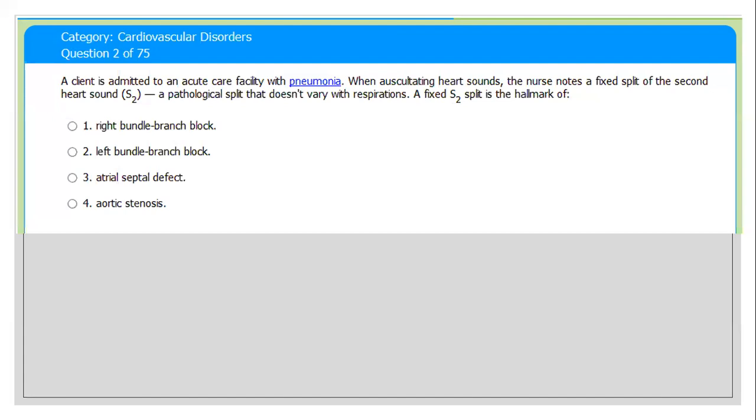S1 and S2 follow the closure of the atrioventricular valves and semilunar valves respectively. But here is the question: if S2 is split, what does that indicate? One, right bundle branch block; two, left bundle branch block; three, atrial septal defect; and four, aortic stenosis.